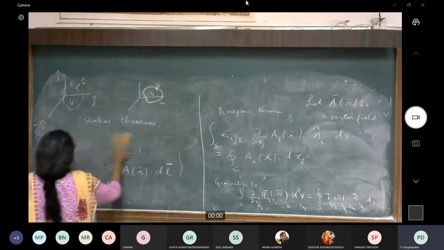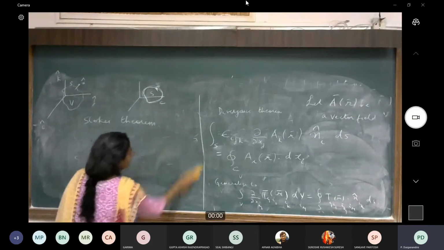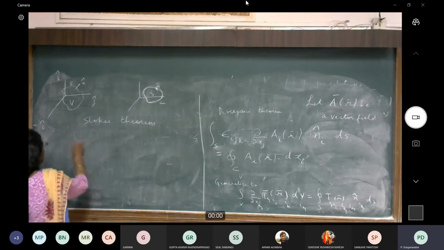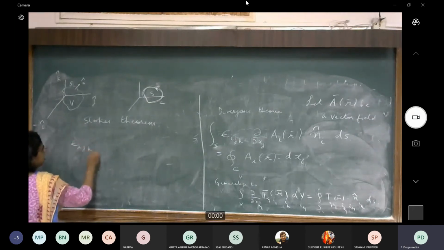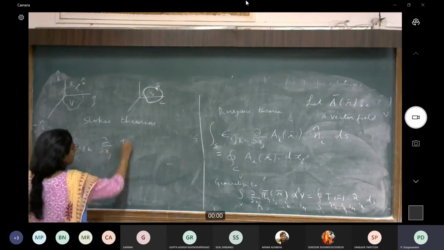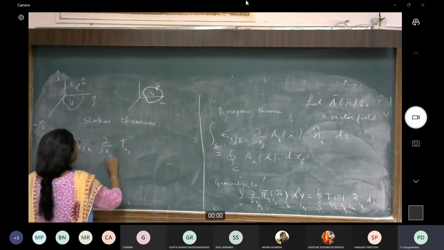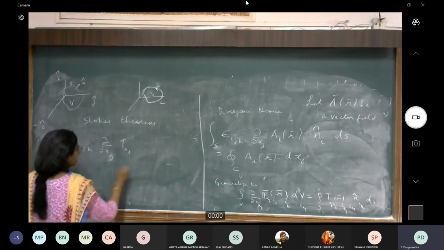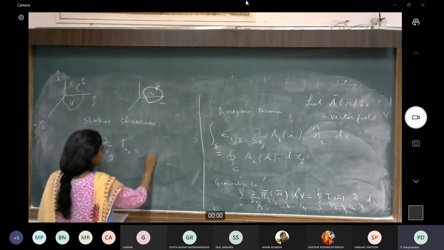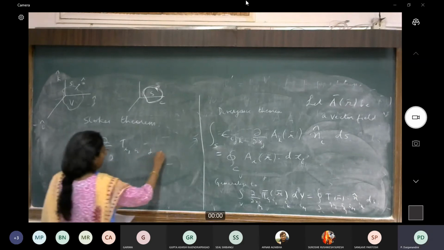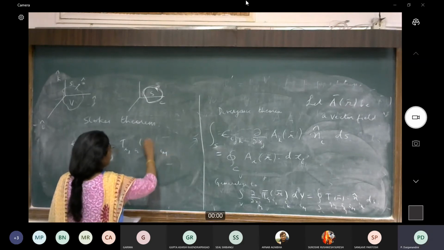So then I can generalize this now to a higher order tensor in this way. We can write it as epsilon_ijk del by del x_j of T_{i1, i2, ...} with a j here, i_m of r.